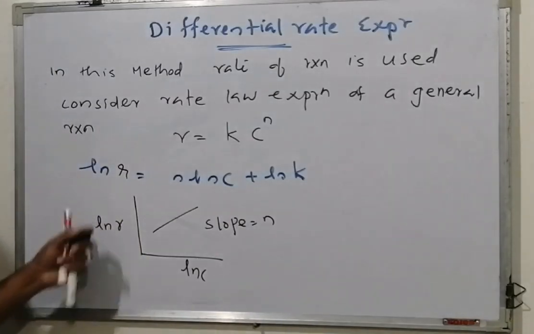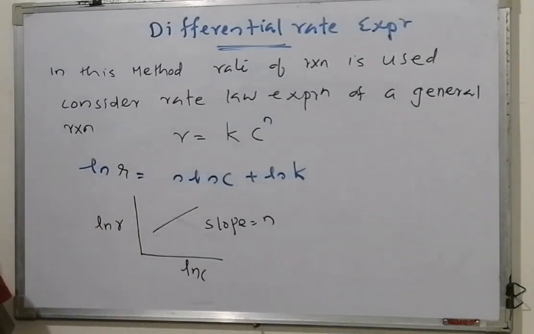The slope of this graph is the order of that reaction. Fine.